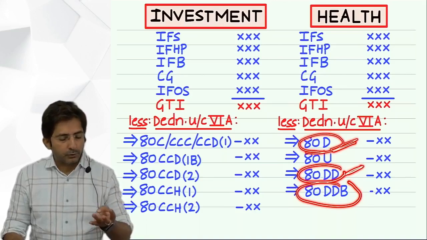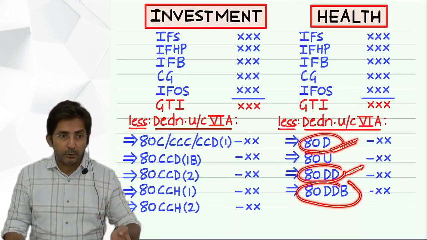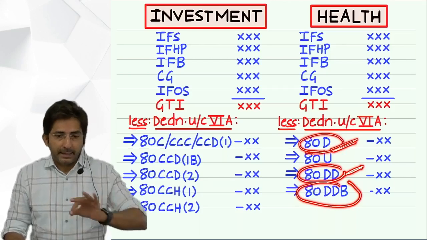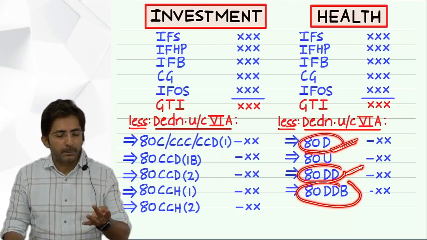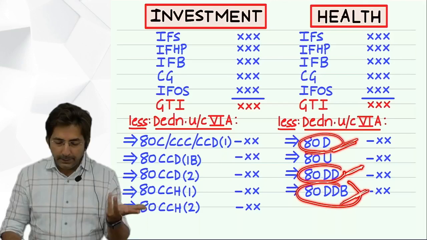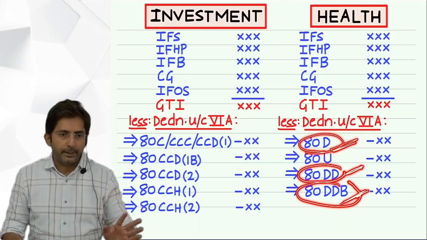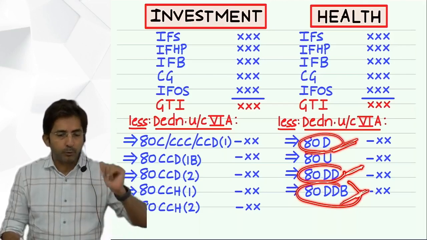So your spouse, children, parents, brother, sister, all should be dependent. Because we have remembered like this only. And even in 80DDB it was the same. All should be dependent.